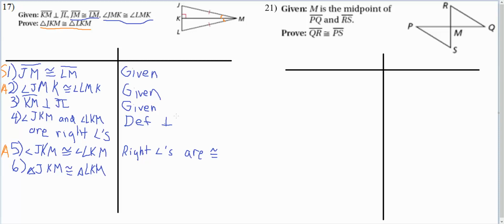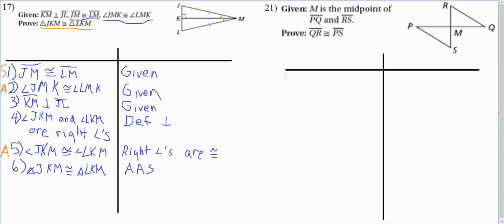And how are those congruent? Well, we had an angle with a right angle, we had an angle on the other side, and then we had the side that was not included. So that would be angle, angle, side.